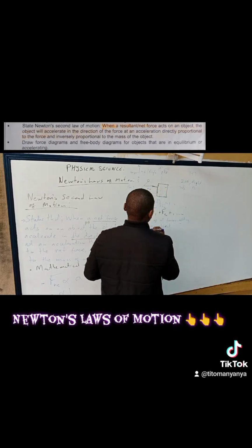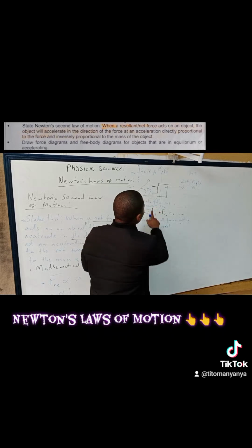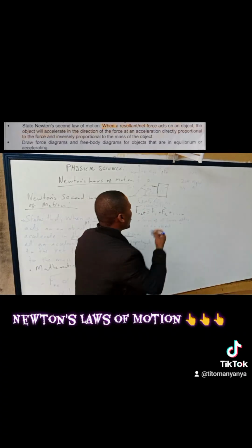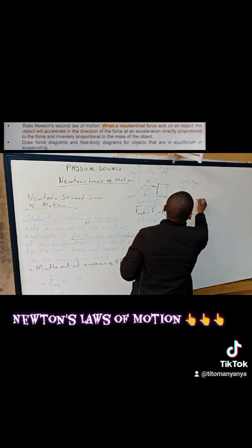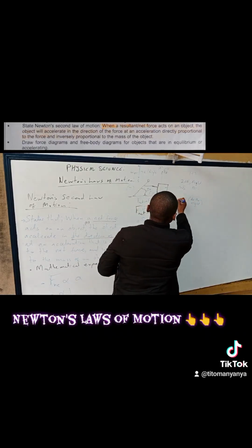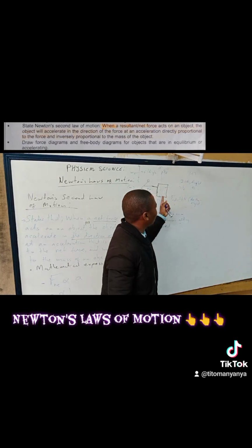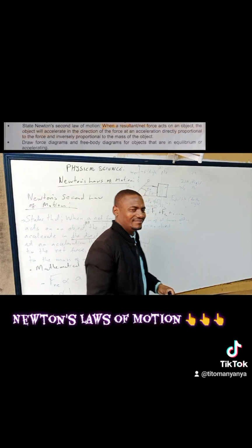If I substitute here, I'll find plus 20 plus minus 5, which is plus 15 newtons. I can just leave this, because the plus sign is telling me the direction, or I would say 15 newtons to the right. The force applied was 20, and the net force is in the direction of the force applied.